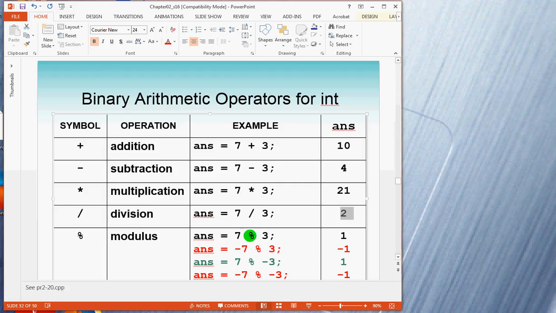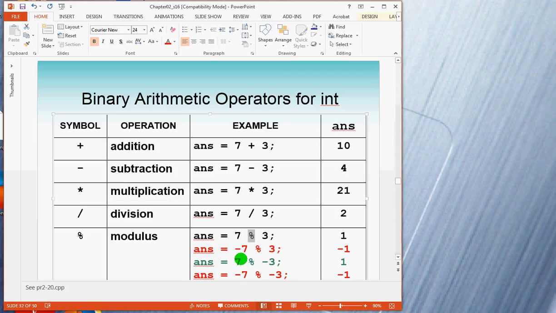So when I divide 7 by 3, I get a quotient of 2, but with a remainder of 1. So when I do this operator, which we typically call mod, short for modulus, it gives me the remainder.